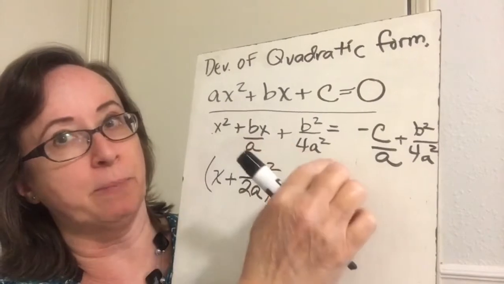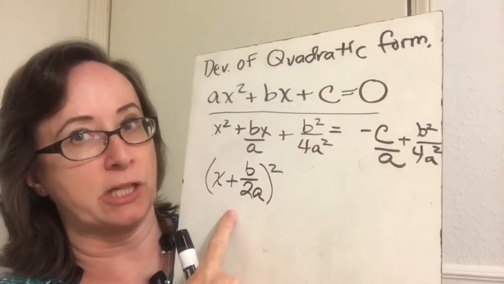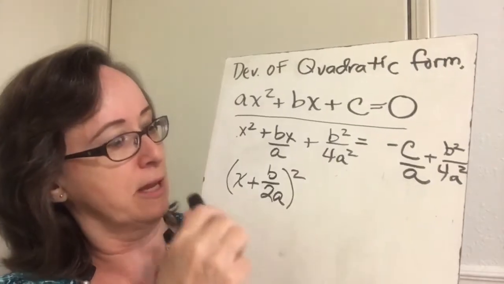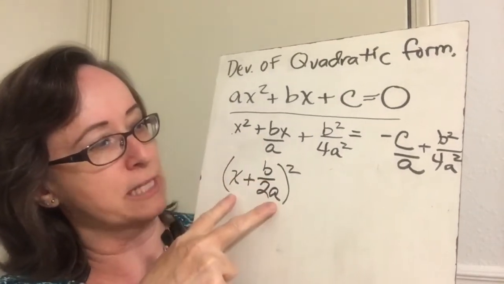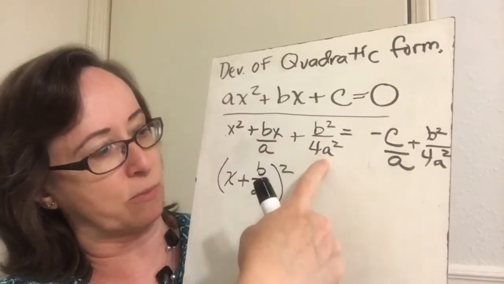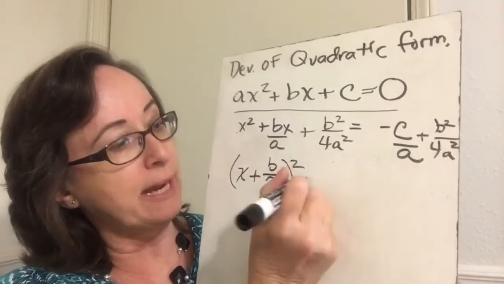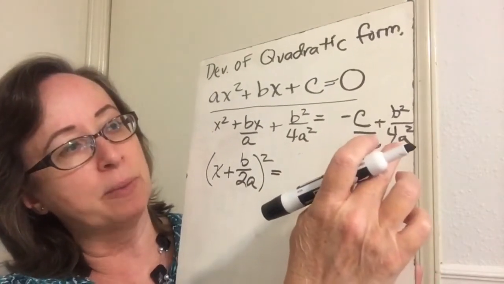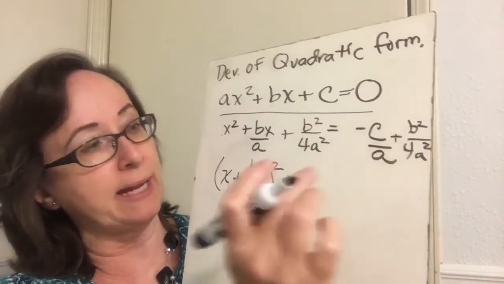This should now be a perfect square trinomial, and now I'm going to check and make sure that I properly expressed it as factors. So the first term squared, this product doubled. We'll get rid of the 2 in the denominator, the last term squared. So now on the right, I have negative c over a plus b squared over 4a squared.